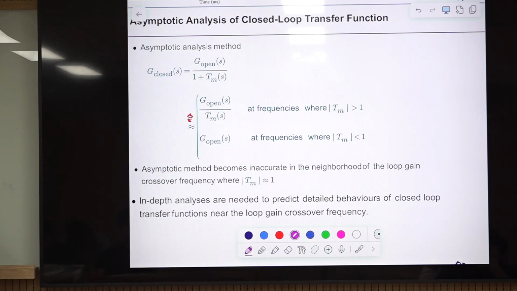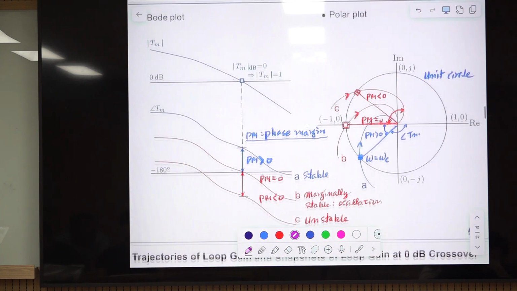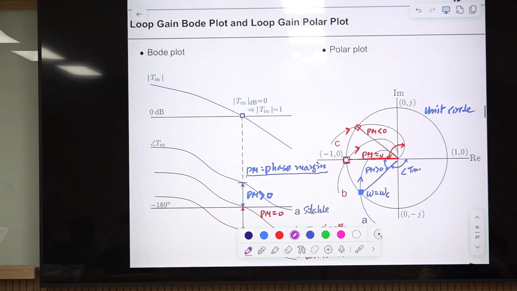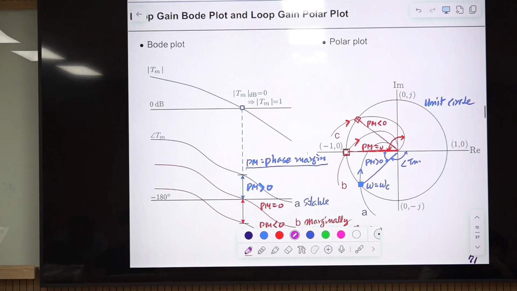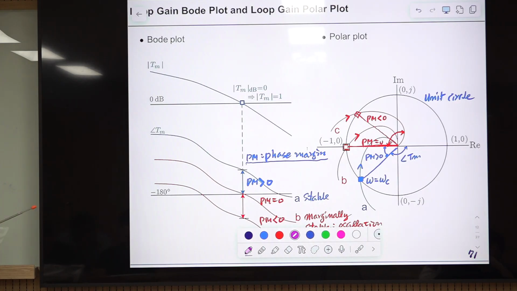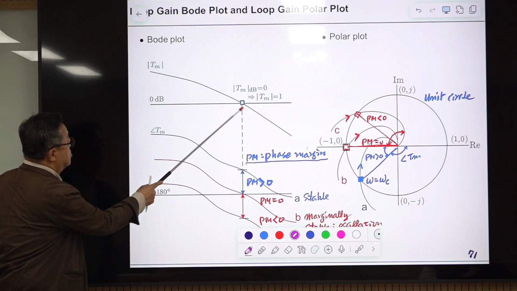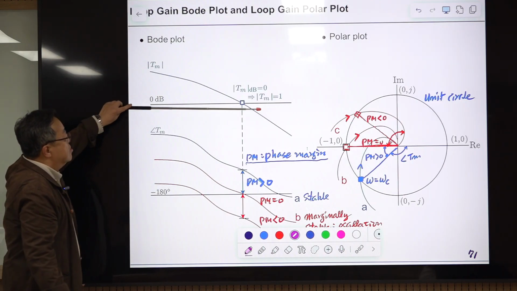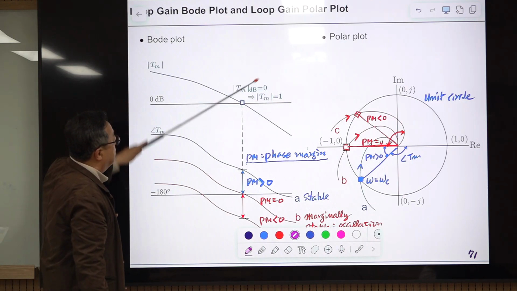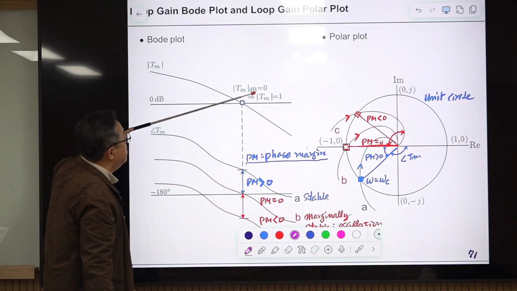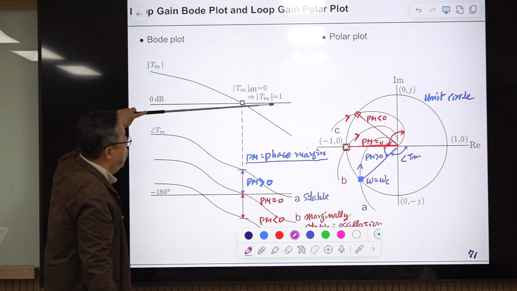So I showed this in the previous part. I'm showing this. Okay, this is the Bode plot of some loop gain. So this is the magnitude. Okay, this is the loop gain crossover frequency. The magnitude of this loop gain becomes 1, which is 0 dB in log scale.